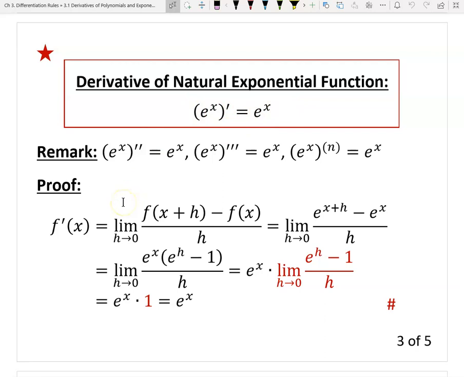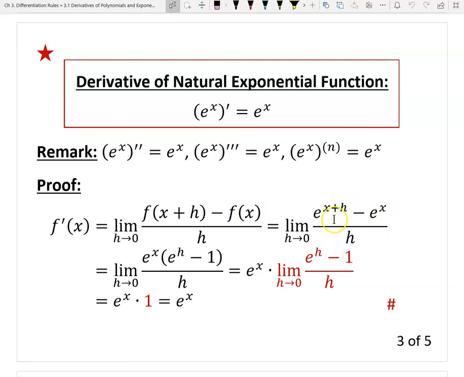All we need to do is use the definition. The derivative is this limit, right? That's the definition. Then we plug in f at x plus h, which is e raised to x plus h, minus f at x, which is e raised to the x power.